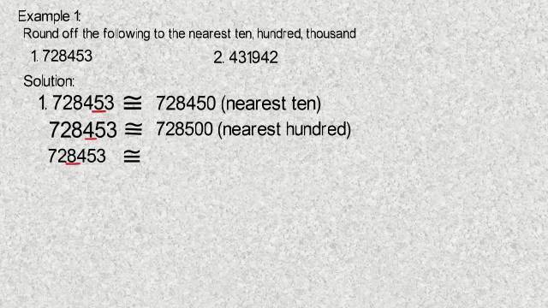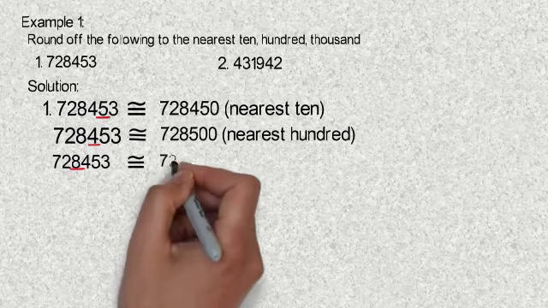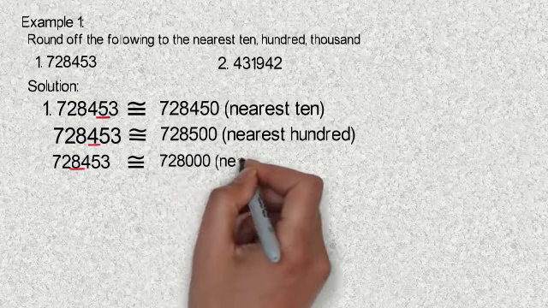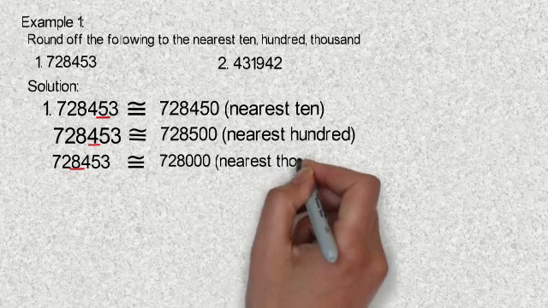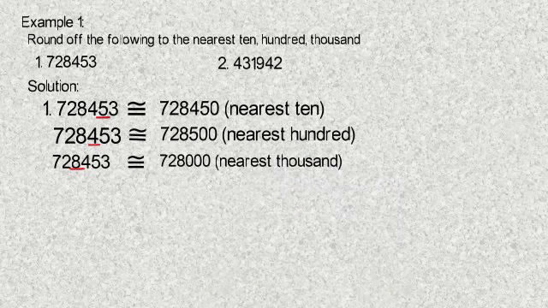So we are considering 8, and the number before 8 from my right hand side is what? 4. Since 4 is less than 5, we round it off to 0. Can you see that? So it will now leave my answer to be 728000 to the nearest 1000.